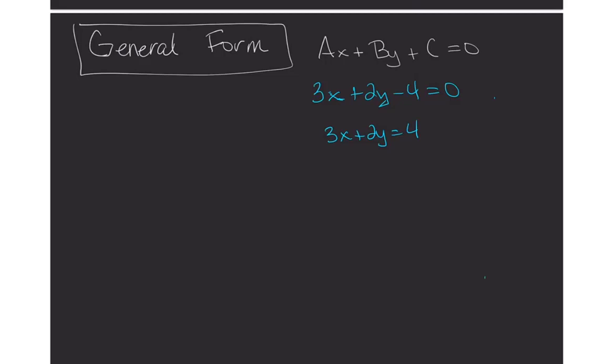Then subtract the 3x over, so you'd have 2y equals -3x plus 4. And then divide by 2. So y equals -3/2 x plus 2. And then you know that it's going to cross at 2, and it's going to have a slope of -3 over 2. That's one option.